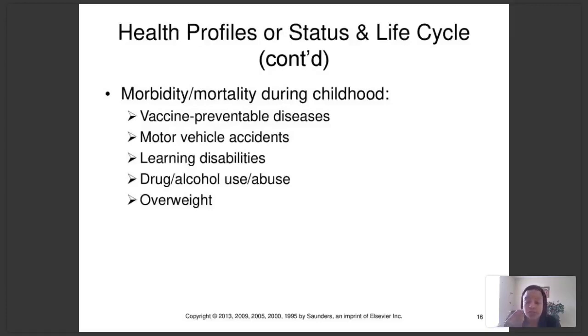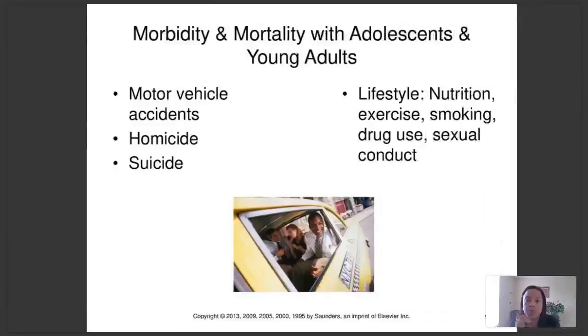We're having 6-year-olds, 7-year-olds coming into clinics who are already showing signs of heart disease and cholesterol issues. That's really scary that we're starting to see that. MVAs and vaccine preventable diseases we've spoken about.